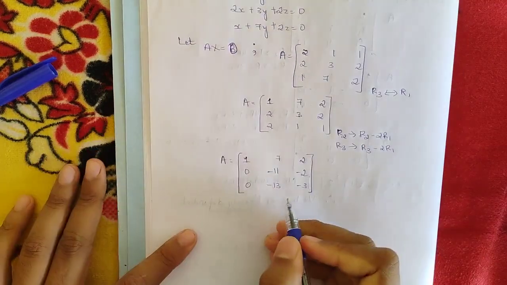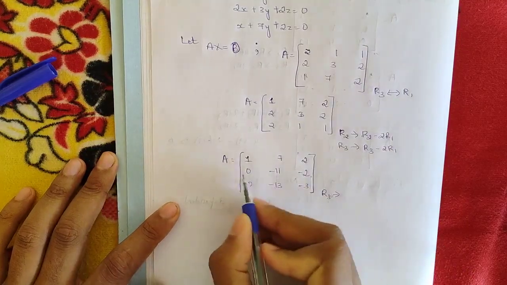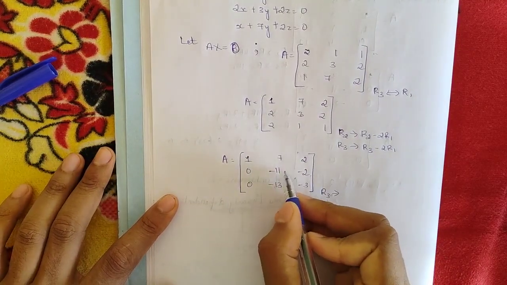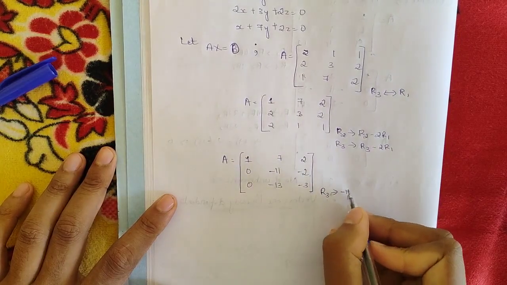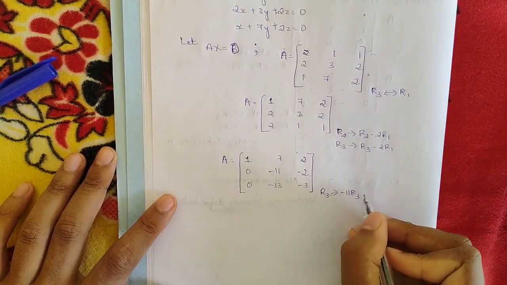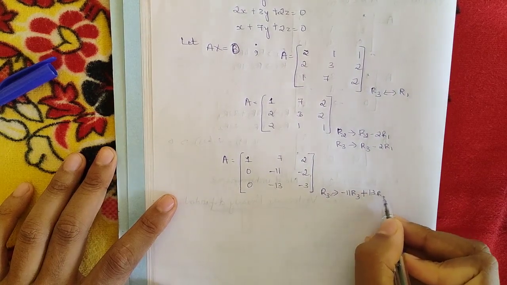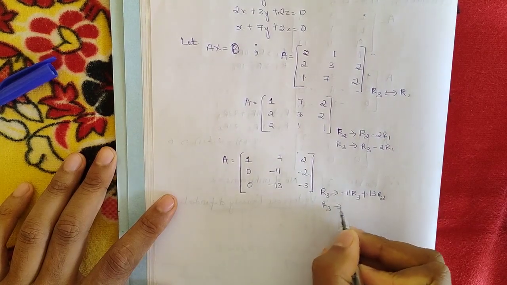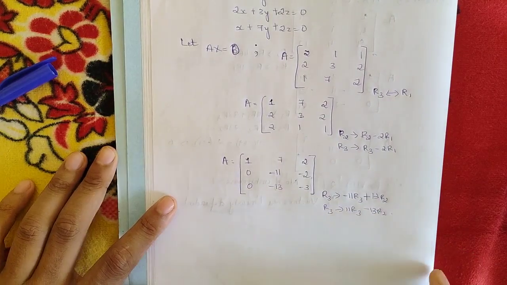Now this term we should make equal to 0. So R3 with respect to R2, by cross multiplication: 11 R3 minus 13 R2.